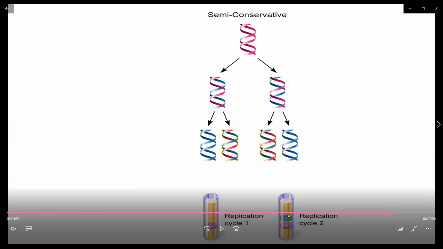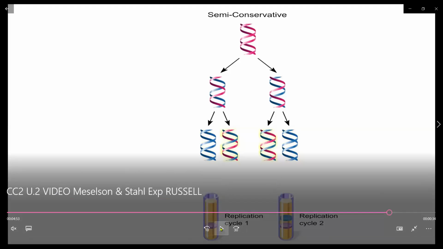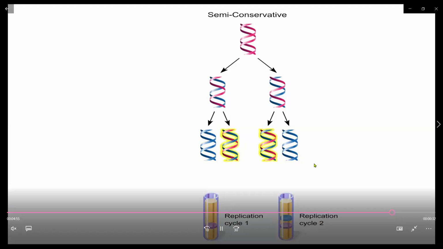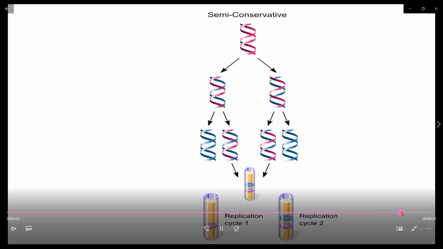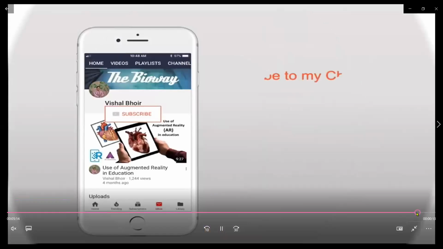So the experiment proved the hypothesis which Watson and Crick had said, that most probably DNA replication follows a semi-conservative mode of replication. As you can see, in this case we would be obtaining a band like this, and this is what they observed in the actual experiment.